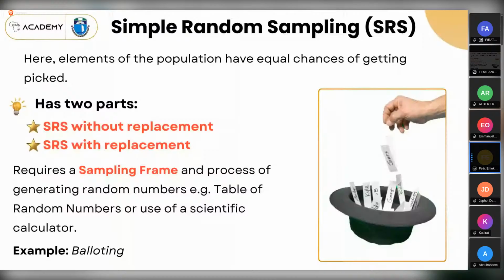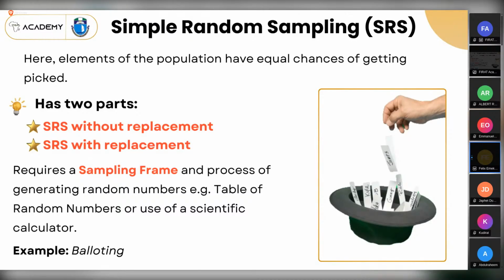In other words, if you don't have the entire eligible participants seated or gathered in that same place, then you won't be able to do simple random sampling, because simple random sampling is having a list of all the eligible participants, then doing more like a ballot, shuffling. Then you now randomly pick the number you need. That's what simple random sampling is.